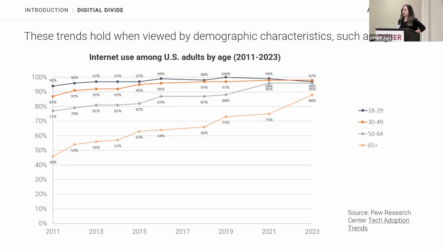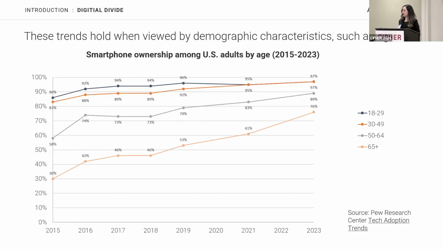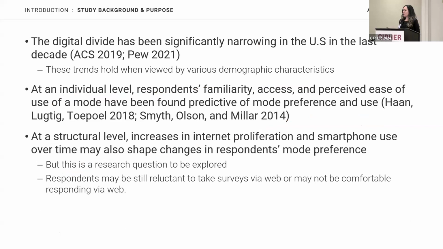So the digital divide we are definitely seeing being narrowed when it comes to internet use. Not as drastic, but we still see that with smartphone ownership as well, so you definitely see this digital gap narrowing.